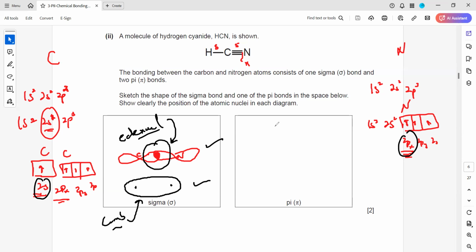Then how do we represent the pi? Since 2px is overlapping, this is the 2py of the carbon and this is the 2py of the nitrogen. There will be attraction between them, from the top or the bottom. So I can draw, with the carbon and the nitrogen, electron density at the top or electron density at the bottom.